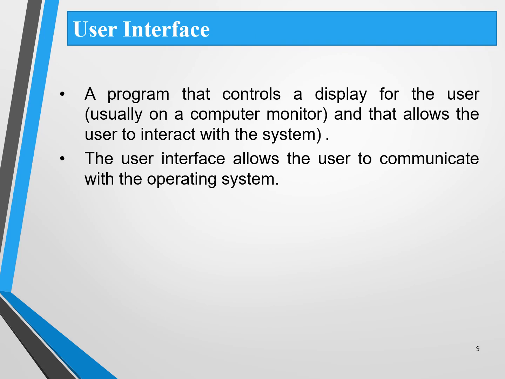User interface of an operating system. User interface of an operating system is a program that controls a display for the user and that allows the user to interact with the system. Here display usually is a computer monitor. The user interface allows the user to communicate with the operating system.